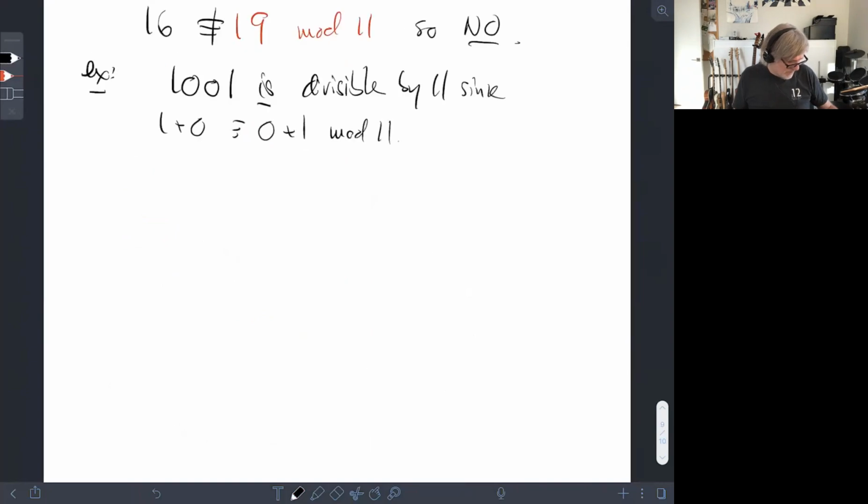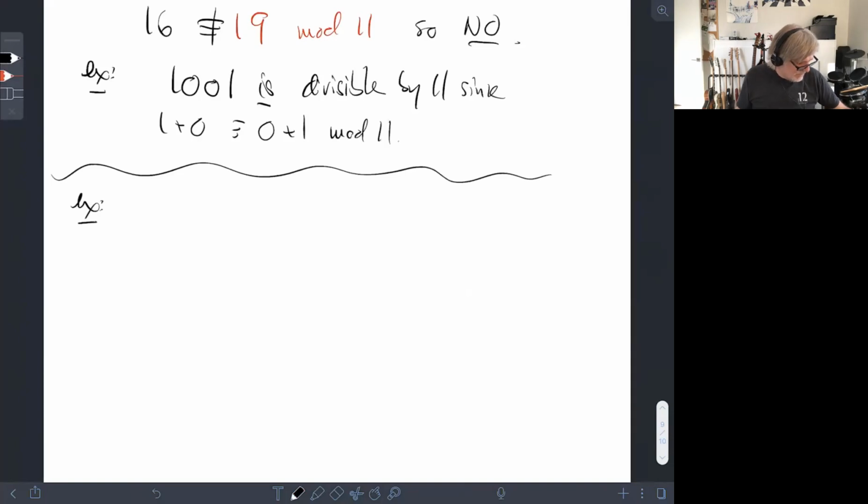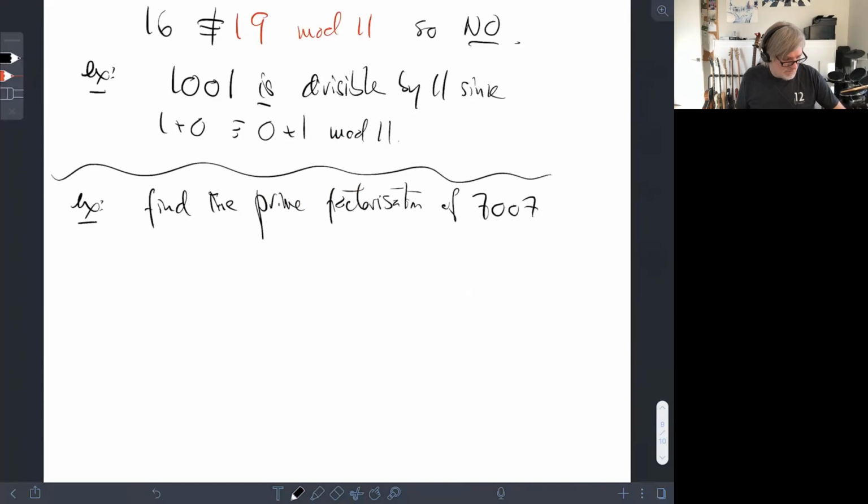Let's go here. Okay, so here is another example. Find the prime factorization of 7007. Oh, well.